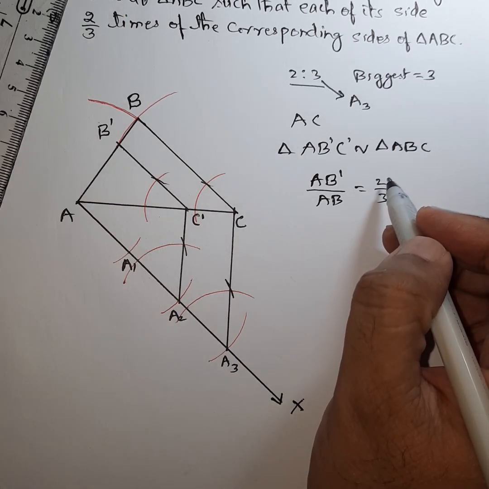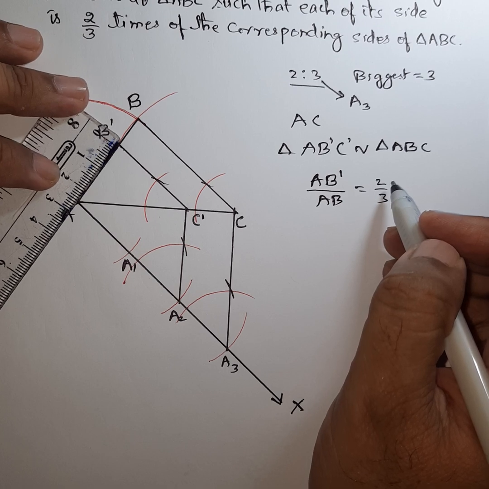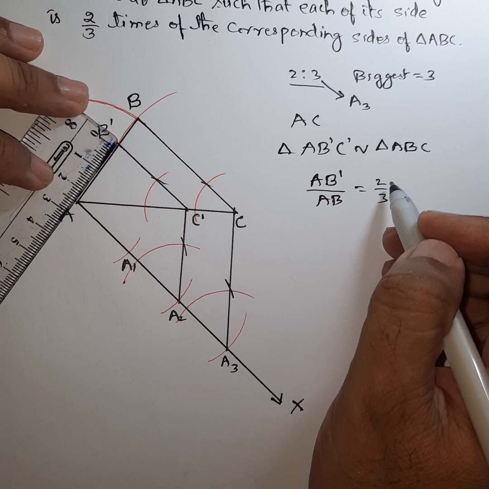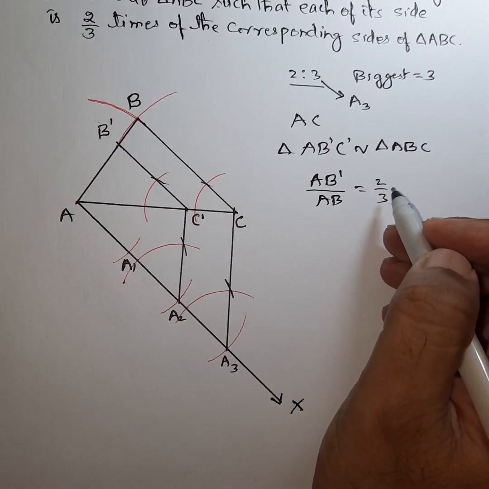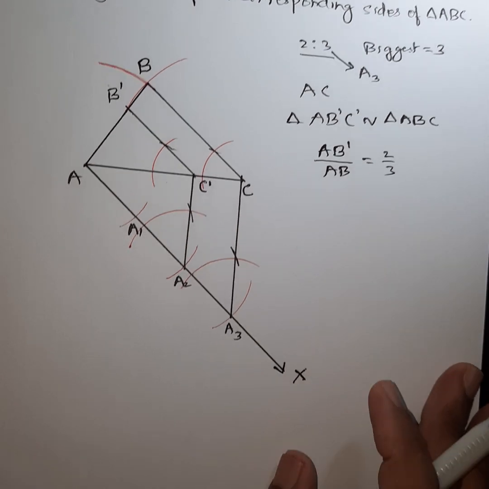You can justify by measuring also. You can take the lengths and divide: this is 4 centimeters and it will be about 2.5 centimeters. So the ratio will always be 2:3.